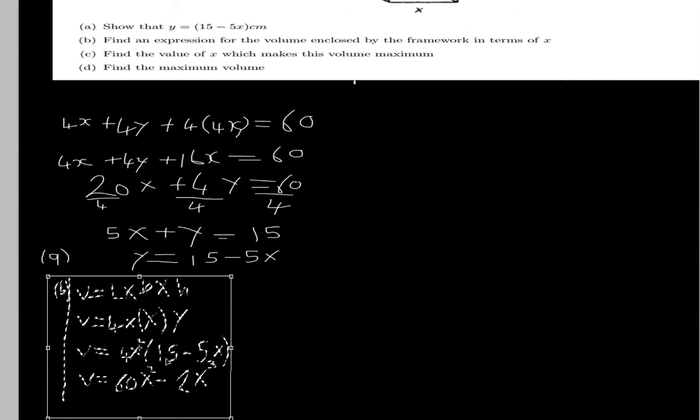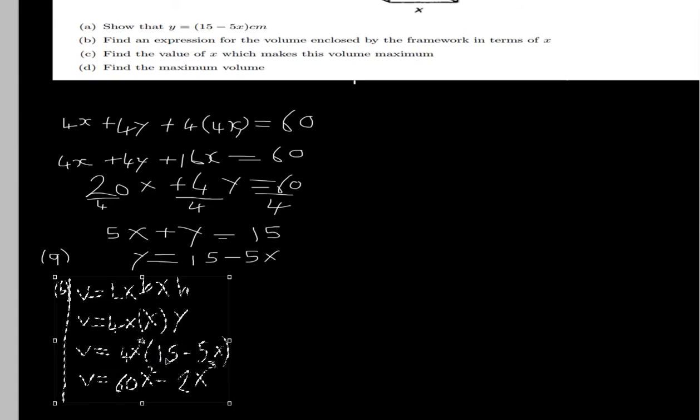So this is how you solve these questions. Very simple. Oh sorry, this is supposed to be 20, not 2x. 20x to the power 3.